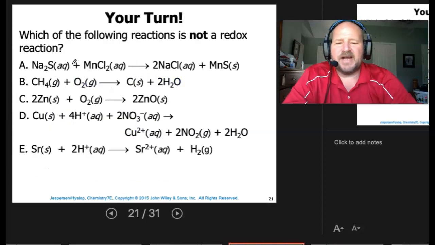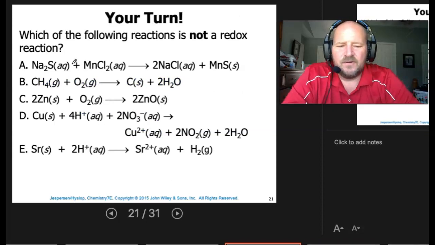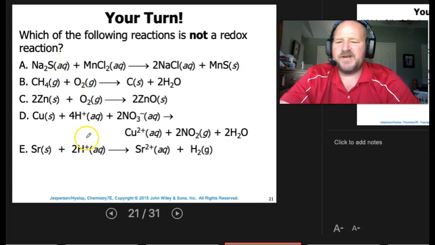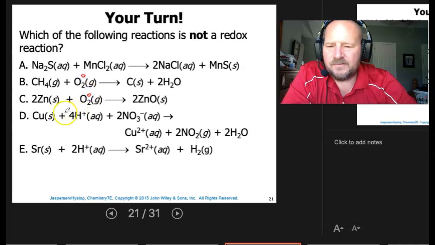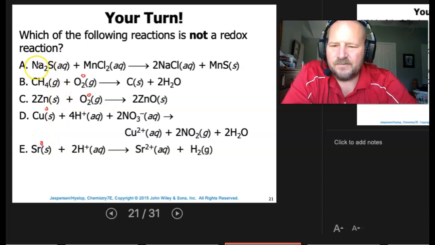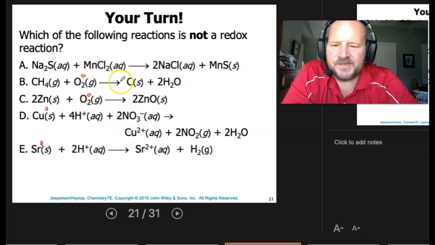All right. Which of the following reactions is not a redox reaction? So basically what we want to do is look for those redox numbers, right? Whenever we see an element, we know that's a 0, that's a 0, that's a 0. None of these are elemental, which means none of these are zeros. On the product side, we can find the O2 is not over here.